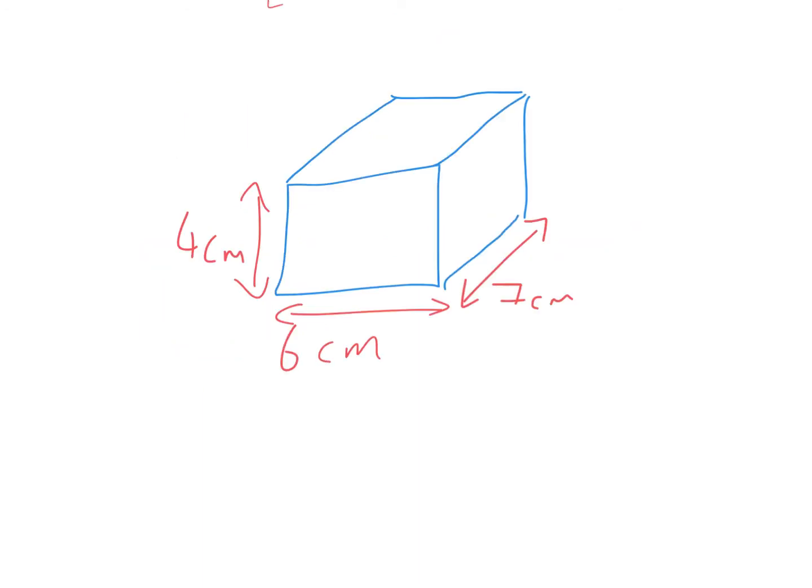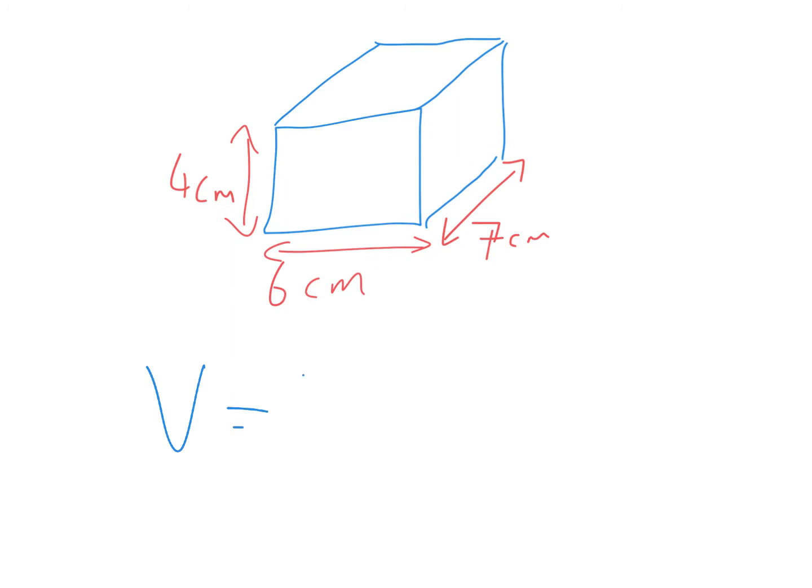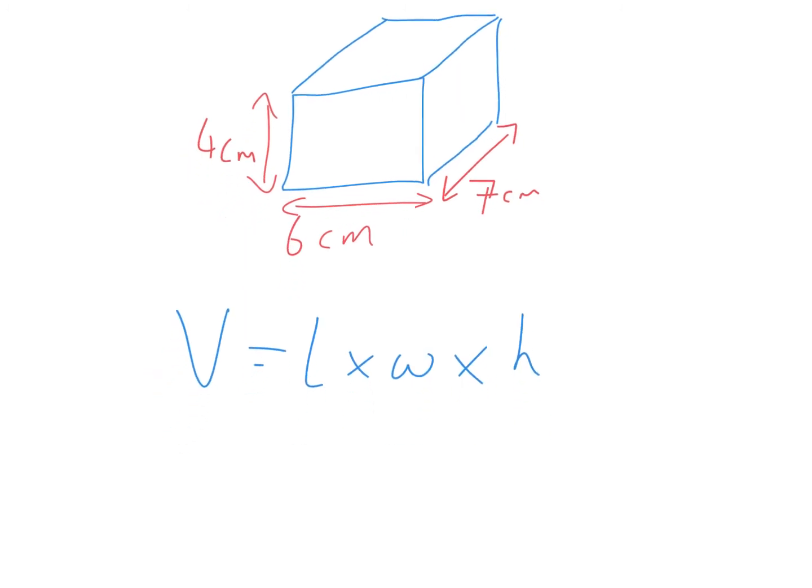So here is a gorgeous cuboid I've drawn. It's got 3 dimensions. Its length is 6 centimeters, its width is 7 centimeters, and its height is 4 centimeters. If we want to find the volume of this cuboid, we first of all write the formula. Volume is equal to length by width multiplied by height, and then we start subbing that in. We don't know our volume, but we do know our length is 6, our width is 7, and our height is 4.